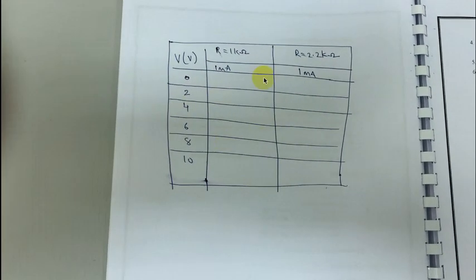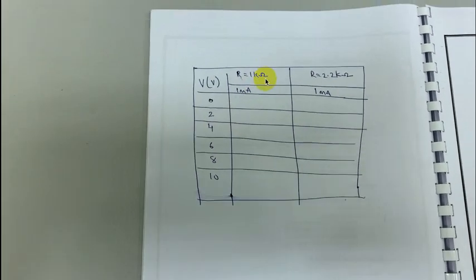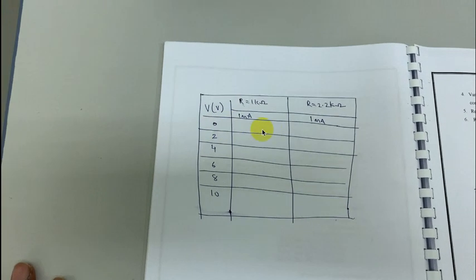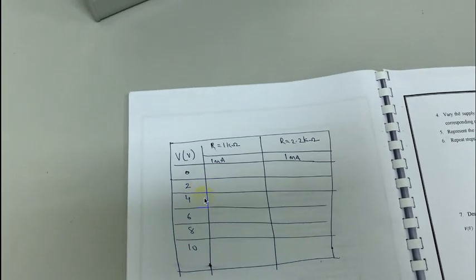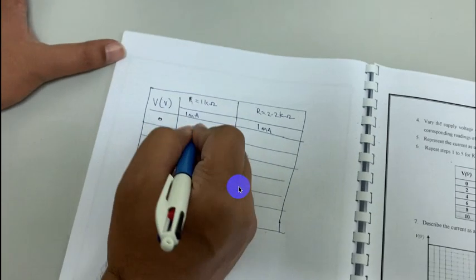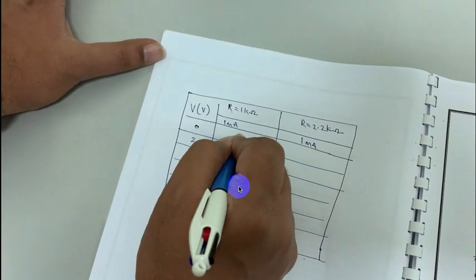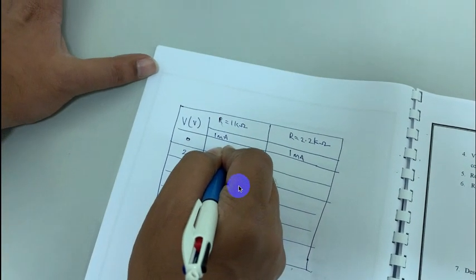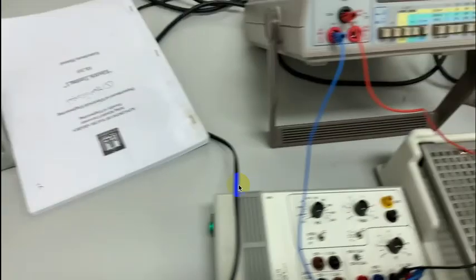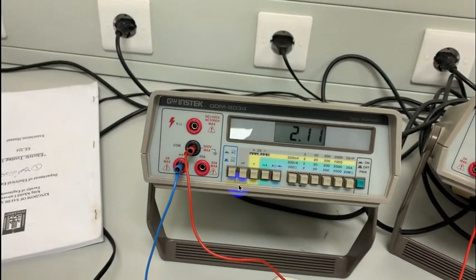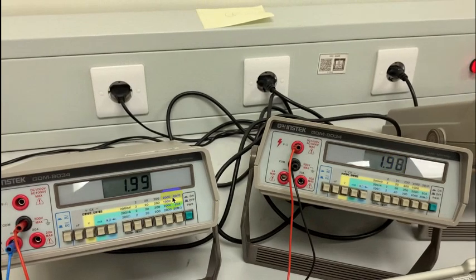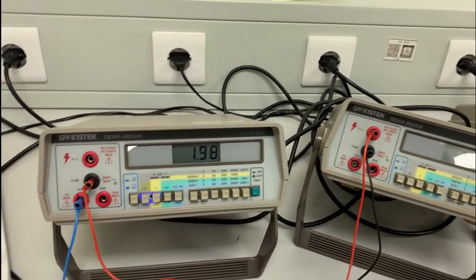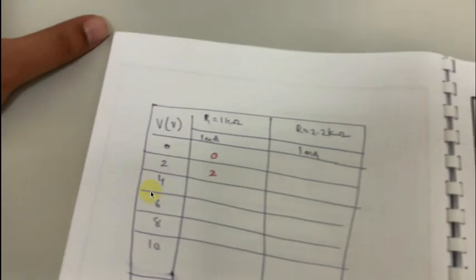Okay, just I make the tabular form. Okay, R equal to 1 kilo ohm. At 0, that means when there is no voltage, there is no current, it is 0. Okay, let us make voltage exactly 1.98. That means for 2 it is 2, for 4 it is 4, for 6 it is 6.